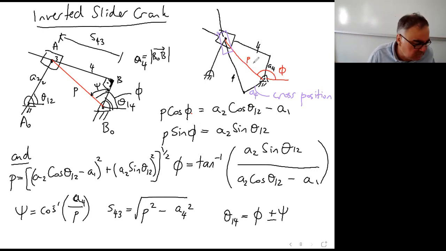Maybe it's not immediately obvious to solve for this. Okay, so as you see, by introducing this intermediate variable P, we can solve for the necessary unknowns, which are these.